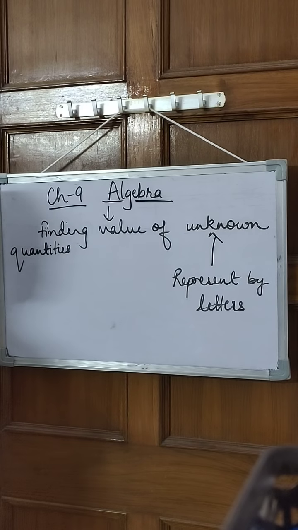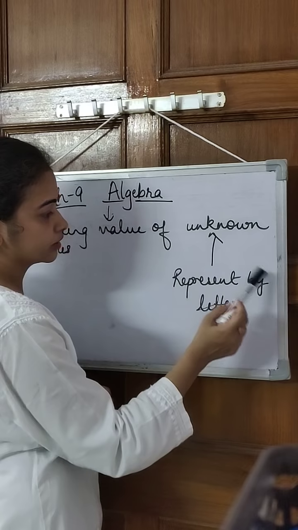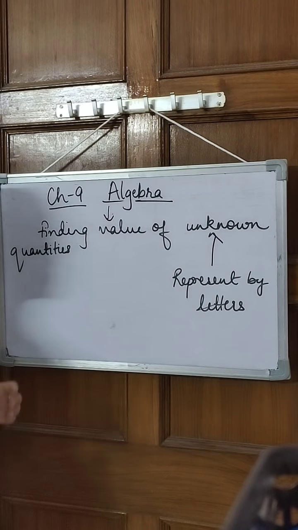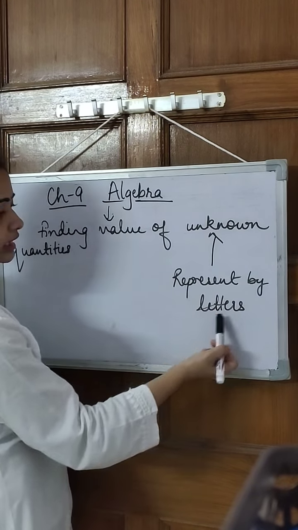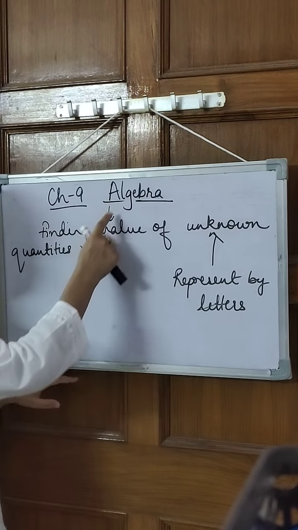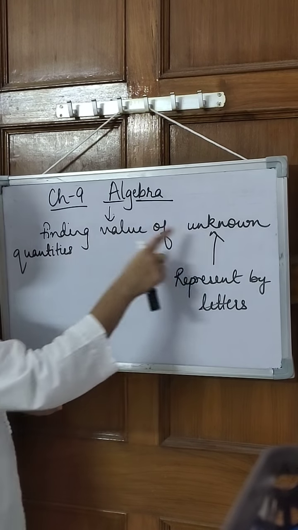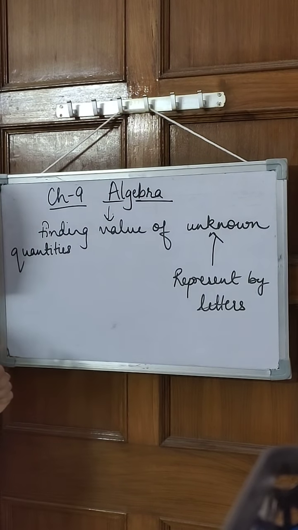Let's take one more example and then I will explain what term we use to represent letters in algebra. I hope this is clear to you that in algebra, we find the value of unknown quantity, and we represent those unknown quantities with letters instead of a box.